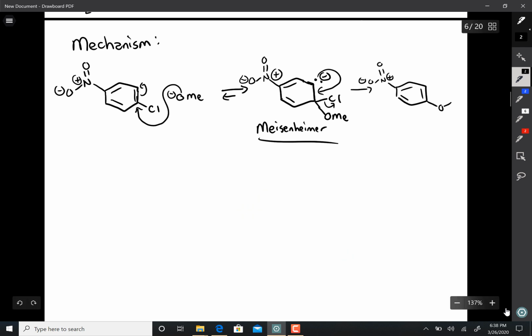And what stabilizes this carbanion is resonance.